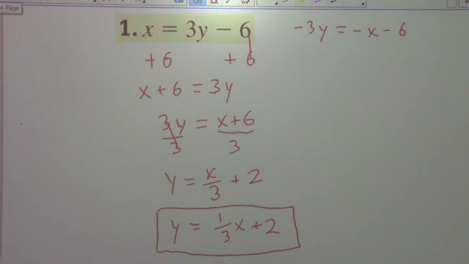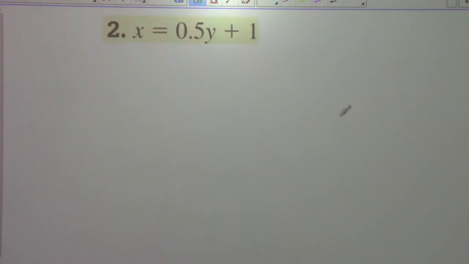So let's go to number 2. Someone, let's see, what would you do, Jay, or Connor? Subtract 0.5y from both sides.